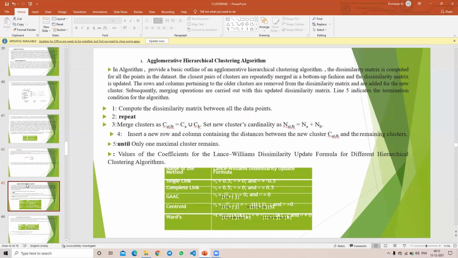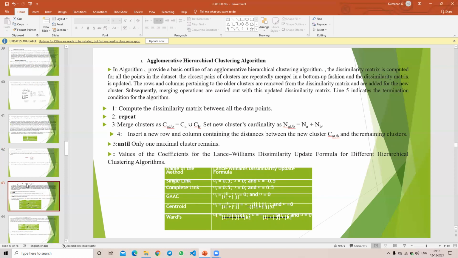Next, the agglomerative hierarchical clustering algorithm. This provides a basic outline of agglomerative hierarchical clustering. The dissimilarity matrix is computed for all the points in the data set. The closest pairs of clusters are repeatedly merged in a bottom-up fashion, and the dissimilarity matrix is updated.